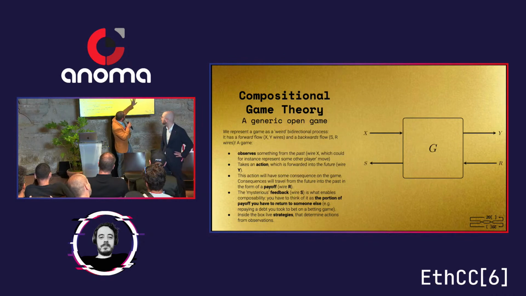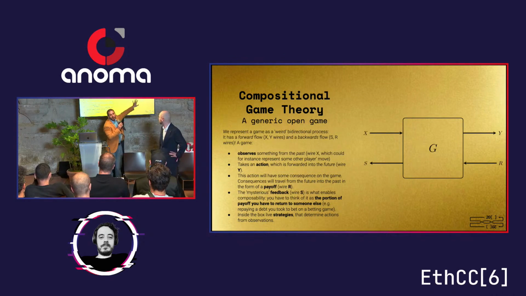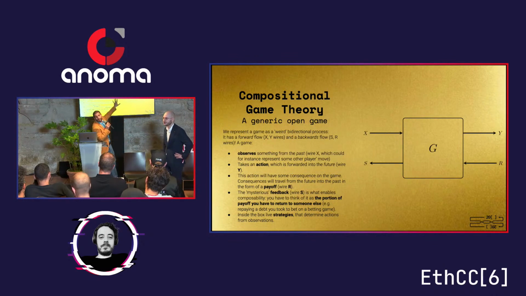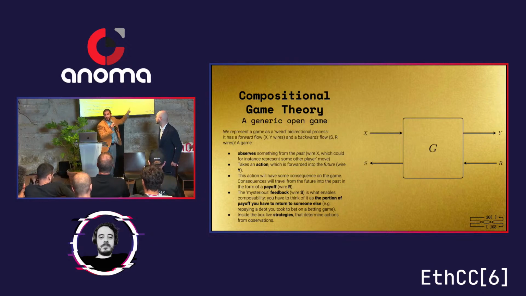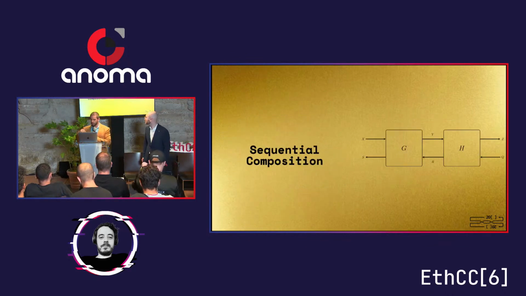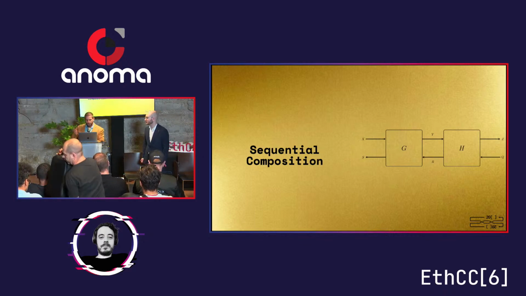You yourself could be the context providing consequences for another game. So this is where S comes from. You do something, the context tells you something in return, and maybe you yourself have to piggyback on someone else's before you. I will make an example in a bit, but the idea is that you can compose these things.